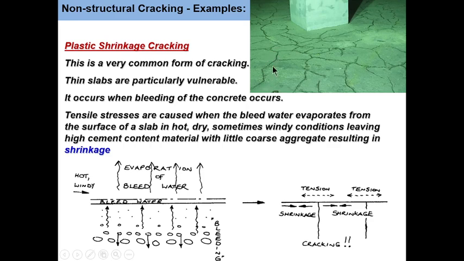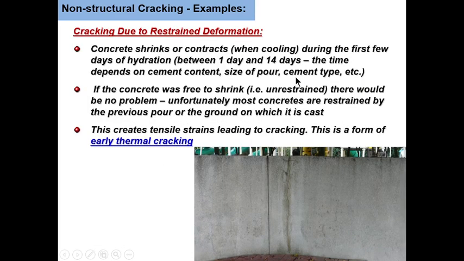Tensile stresses are caused when the bleeding water evaporates from the surface of the slab in hot, dry, sometimes windy conditions, leaving high cement content material with little coarse aggregate. This will result in shrinkage. They will shrink. So this is shrinkage cracking.